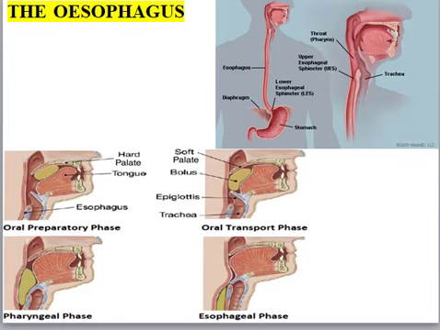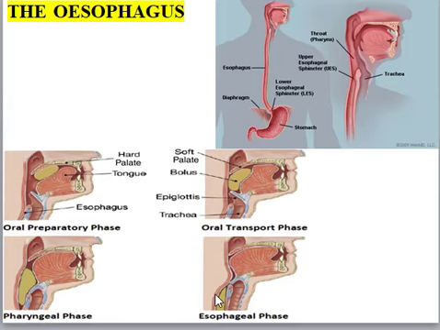To prevent the food from passing to the trachea, you should inhibit respiration, elevate the larynx to prevent the food from entering the larynx, close the vocal cords, closing the glottis, and open the upper esophageal sphincter. It is called a sphincter, but it is not a true sphincter. Then, after the food reaches the esophagus, we start the esophageal phase.